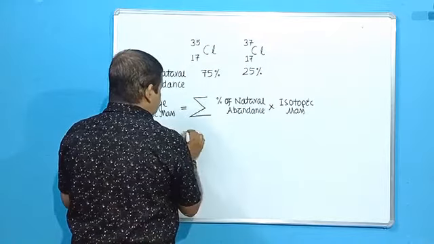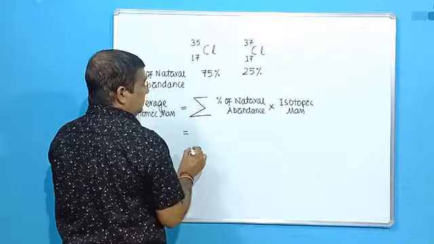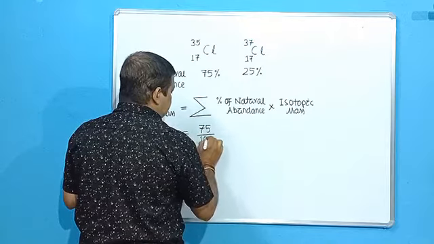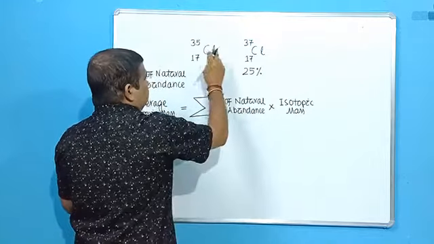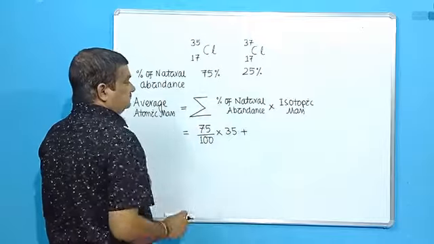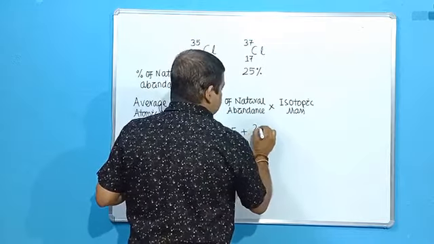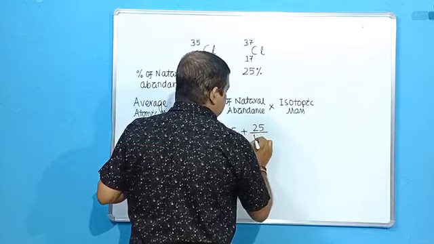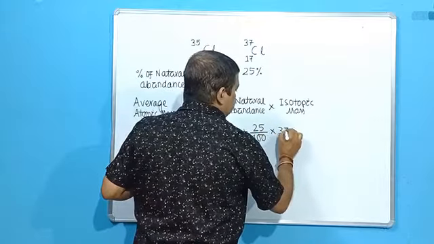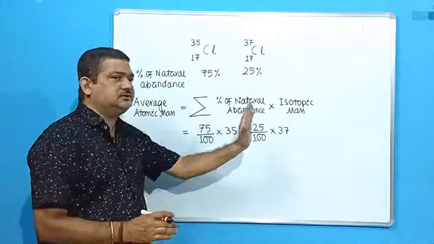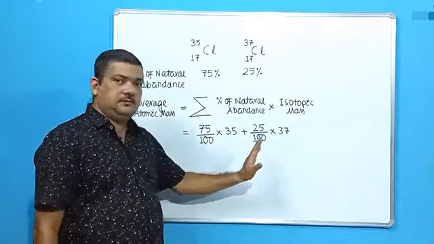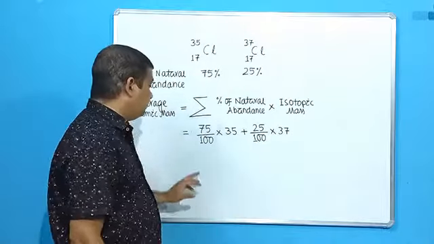So we apply the formula for chlorine. First one 75%. Percent means divided by 100, so 75 by 100 into the isotopic mass of this one, which is 35. For the next one, the natural abundance is 25%, so 25 by 100 into the isotopic mass 37. As many isotopes as there are, we keep adding them, which is why the summation sign is used.